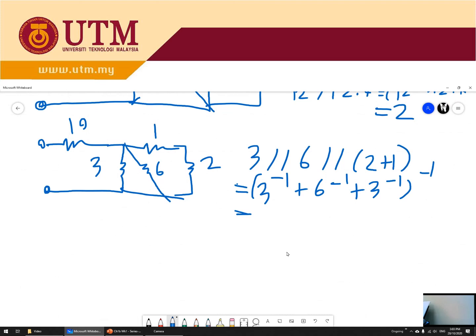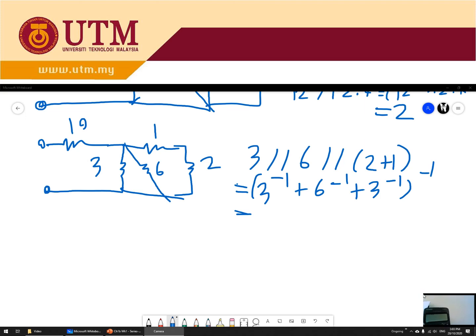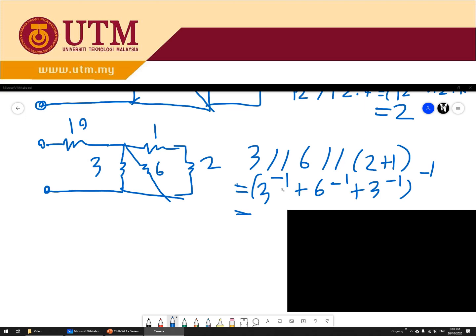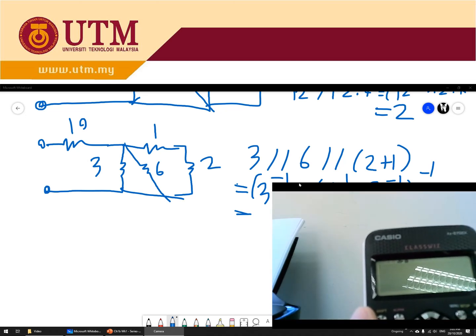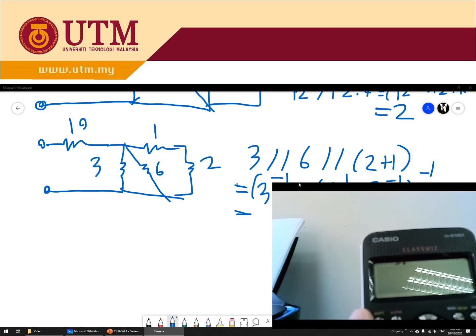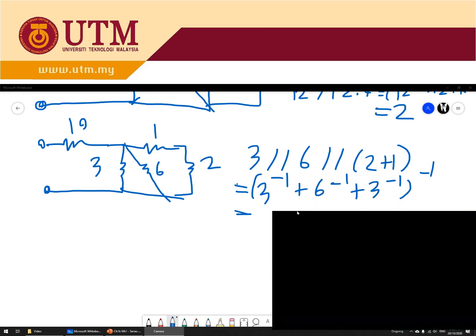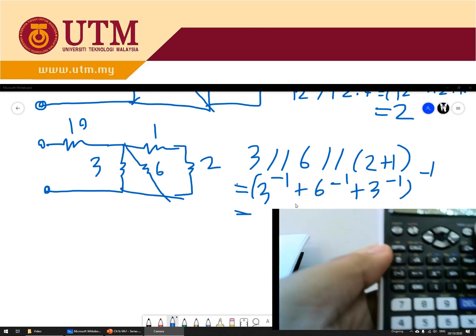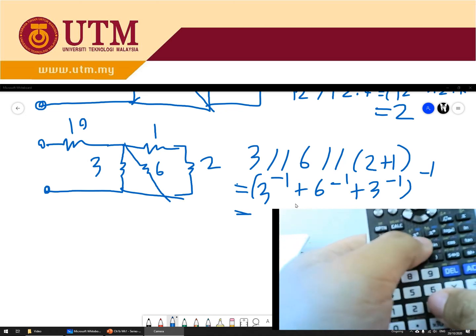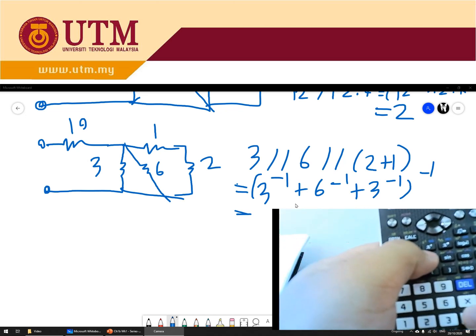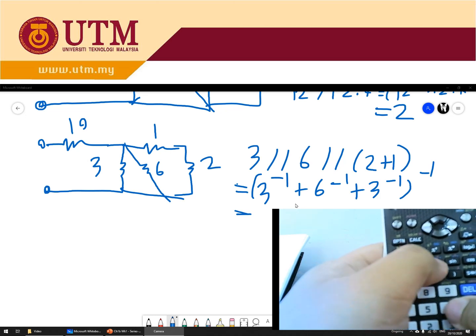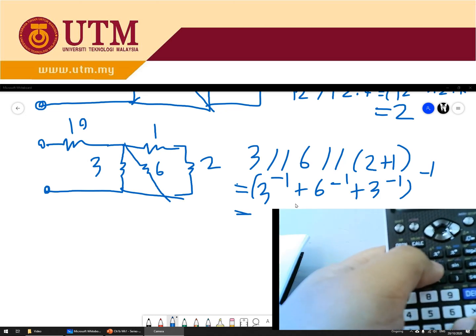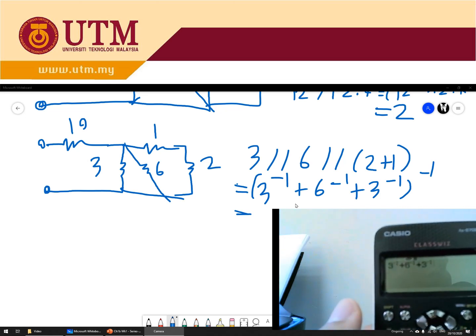So using your calculator, 3 reciprocal plus 6 reciprocal plus 3 reciprocal.